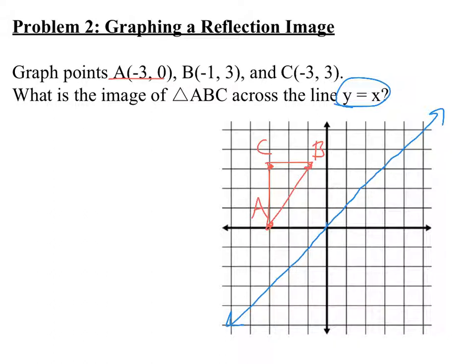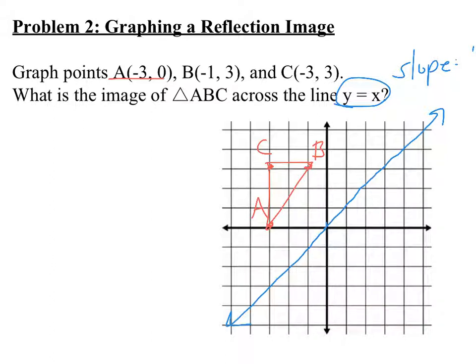How we're going to do that, first of all, you should know for y equals x, the slope is 1. The reason why that's important, if you remember from when we first started talking about reflections, in order to find a reflection image, the line connecting the 2 points, the pre-image and the image, needs to be the perpendicular bisector of the reflection line.